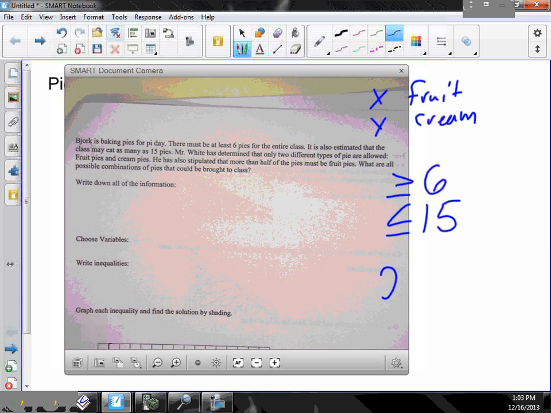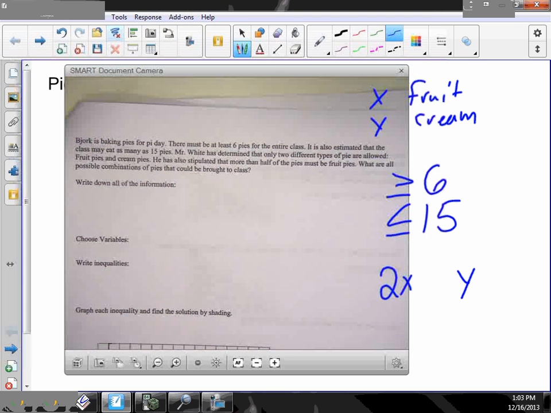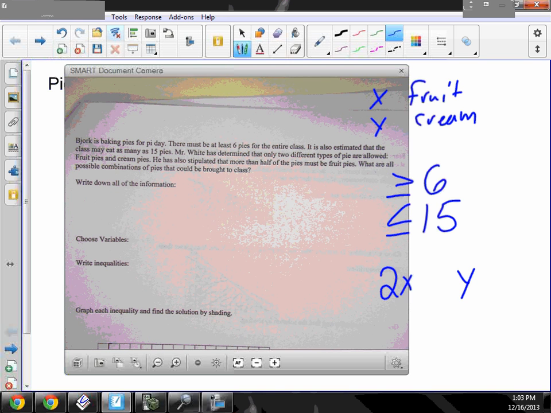So if I did 2x and a single y, what's the symbol I would use? It's got to be greater than or less than.